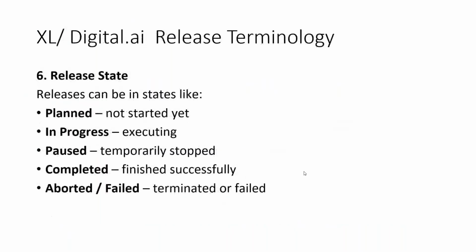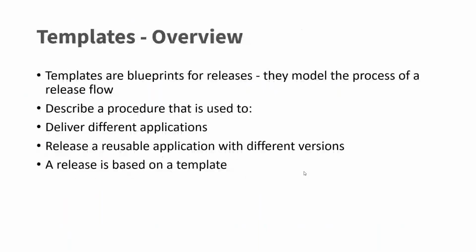Okay, so these are the release states supported by Digital.ai Release: planned, in progress, paused, completed, aborted, and failed. As the name suggests, it's very simple to understand. A release can be planned, in progress which is running, and you can pause it, and then completed, aborted, or failed.